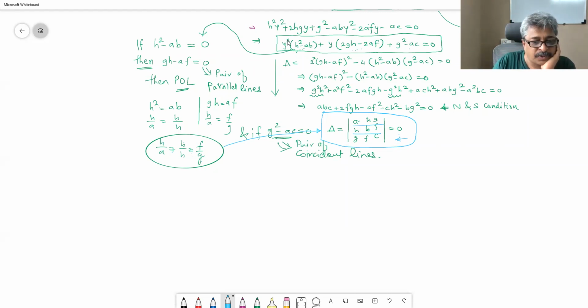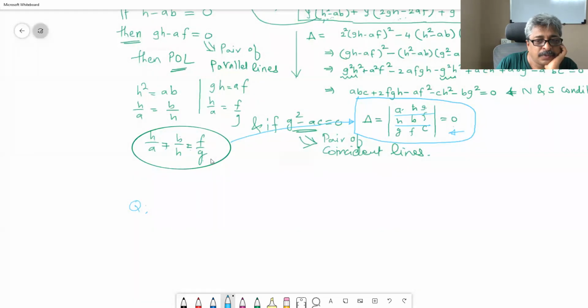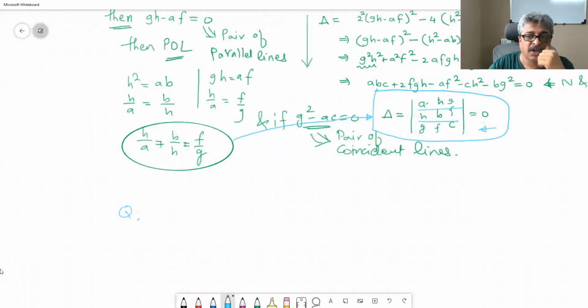Okay, so question. Let us see how quickly you can resolve a 3 by 3 determinant now. 3x square plus xy minus 5y square plus 2x minus 4y plus k is equal to 0.